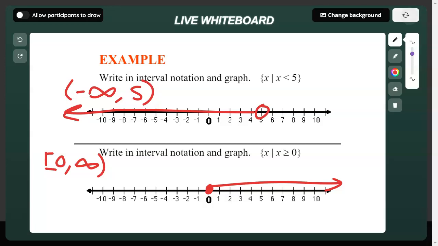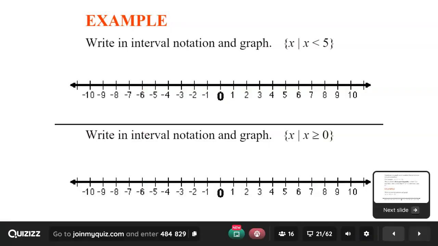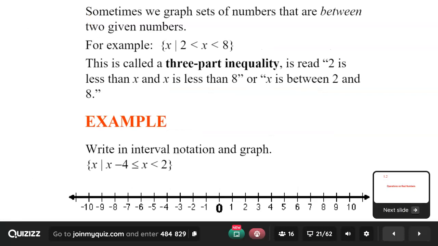Today, we're going to look at a compound inequality. We have two parts to it. There's more than just this one kind of example, but we're going to start with this to keep it simple. We have the set of all values of x such that x is between 2 and 8: 2 is less than x, and x is less than 8.